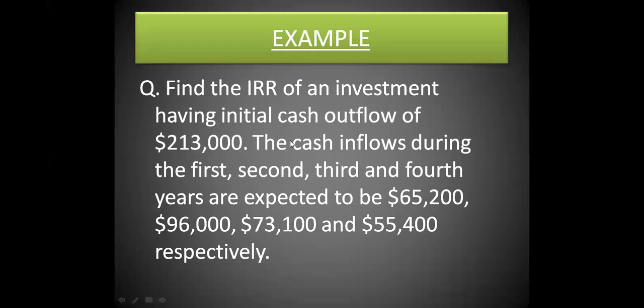All these four cash inflows are received at the end of the first, second, third, and fourth year. So now we have to find out the IRR, which means we want to find a rate at which the present value of all these inflows will become equal to the cash outlay of 2,13,000.